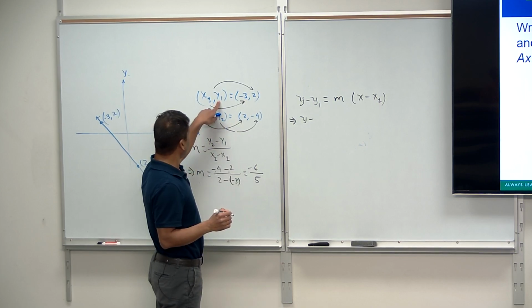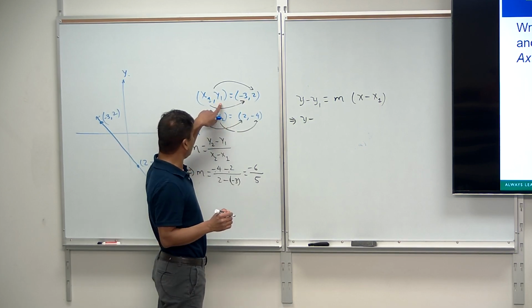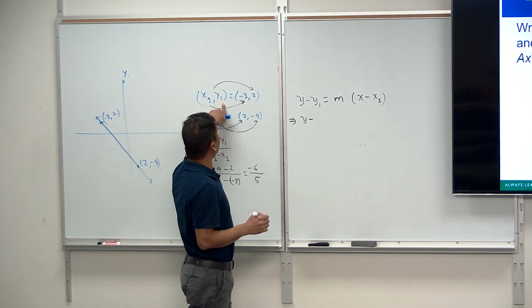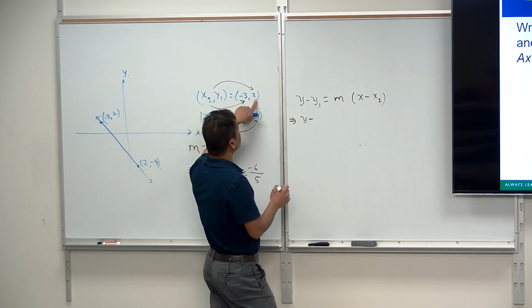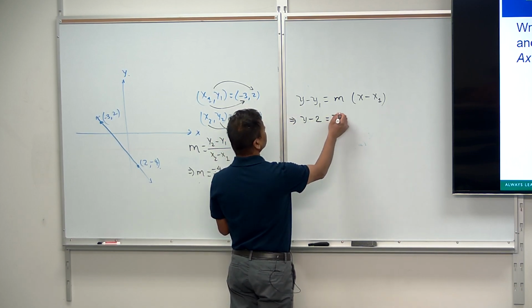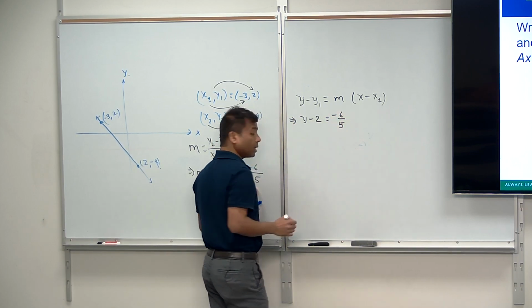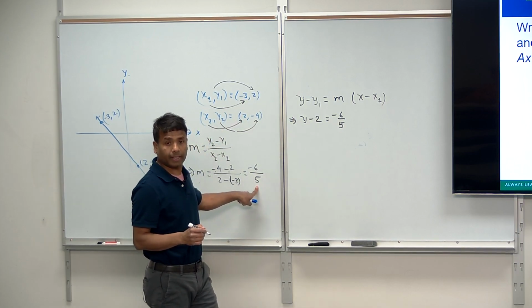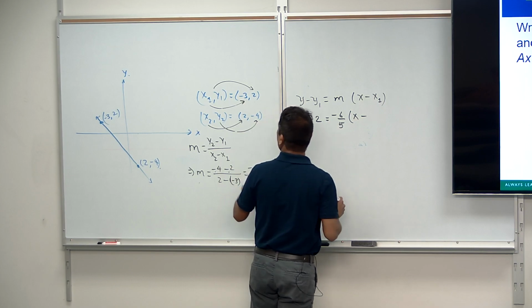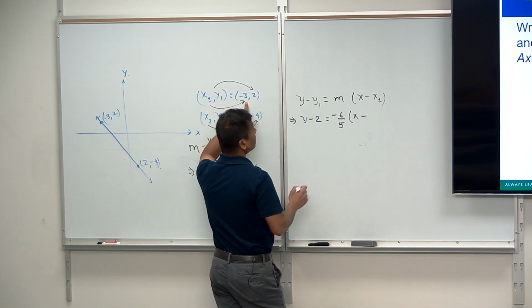You can consider either one of them, so let's say we take this one. Y minus 2 equal to the slope, negative 6 over 5, times x minus x1, which is negative 3.